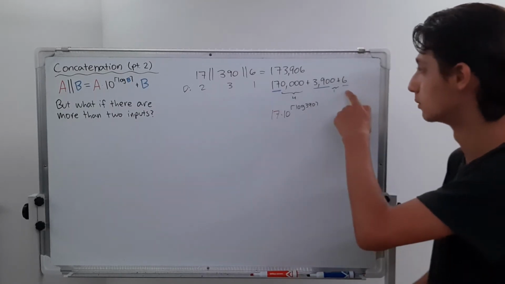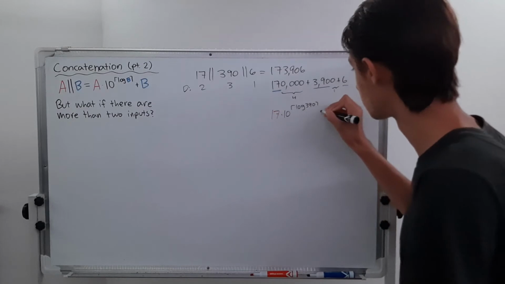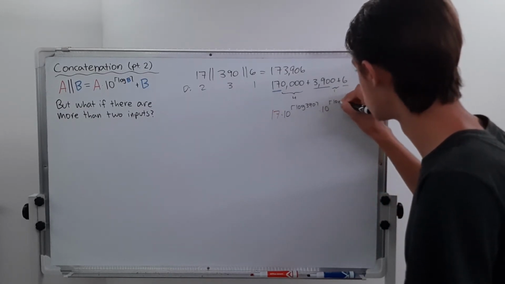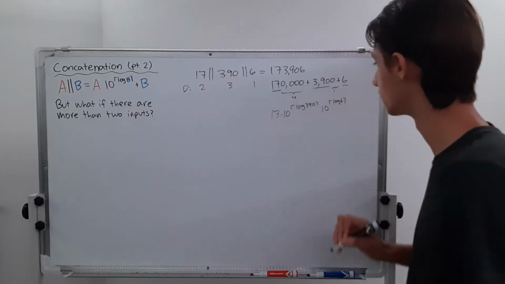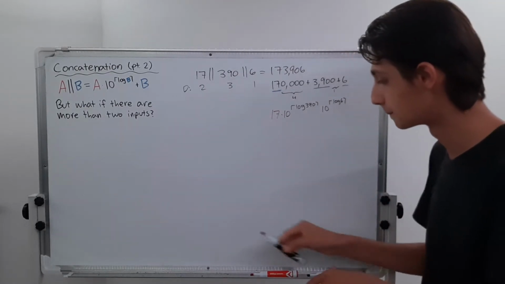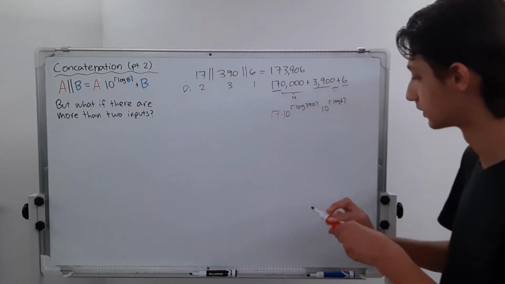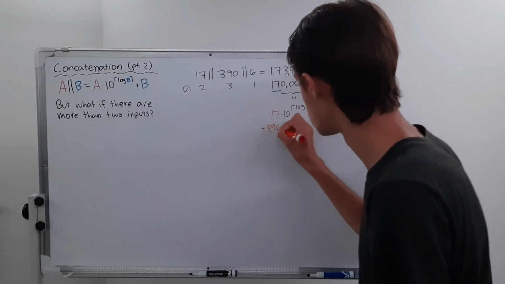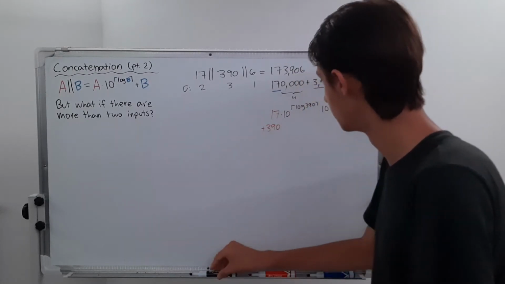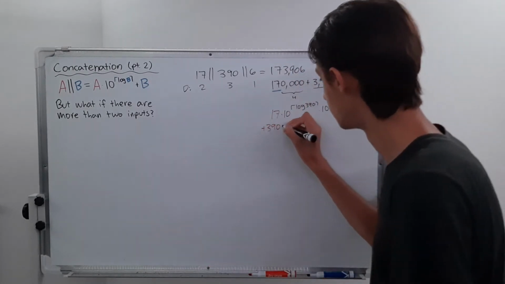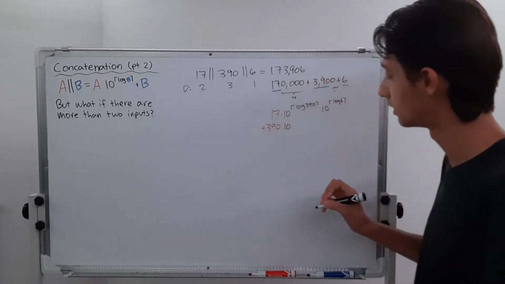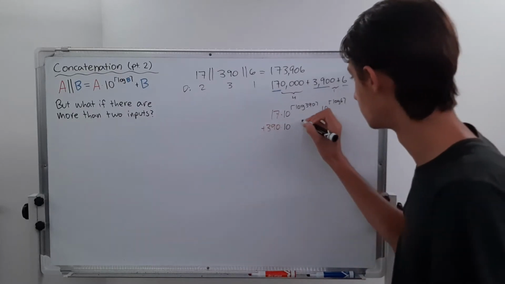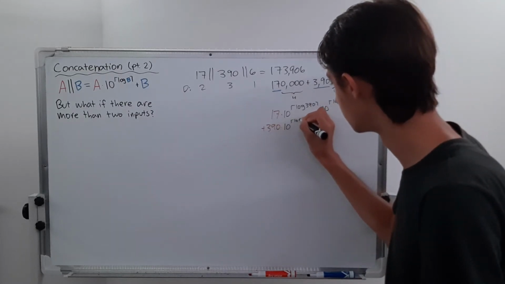Well, that comes in from the 6 at the end. So we multiply by 10 to the ceiling of log 6. Then we take the 390, so I'm going to add 390, and then multiply by, well, we have 1 digit trailing, so it's going to be 10 to the ceiling of log 6.